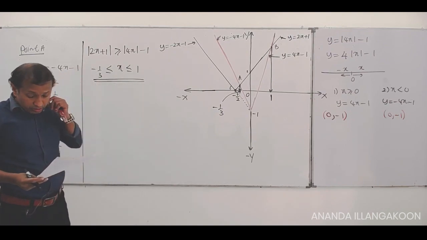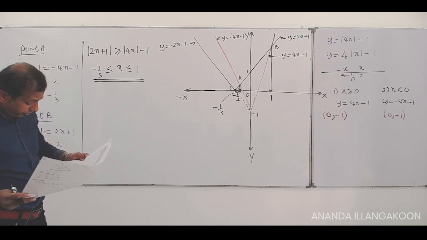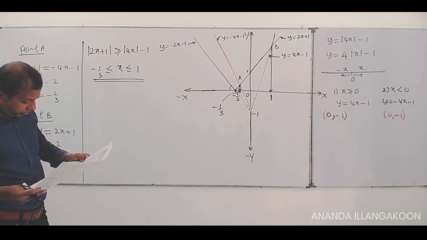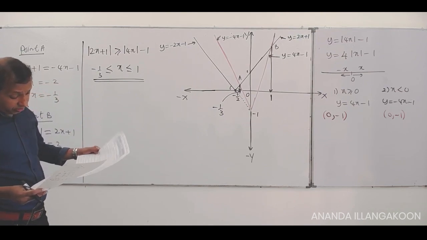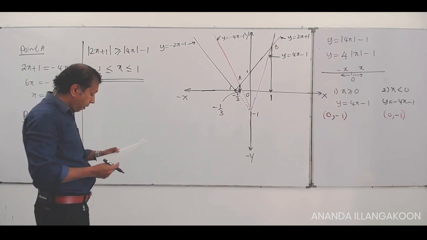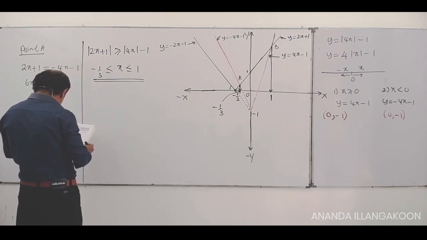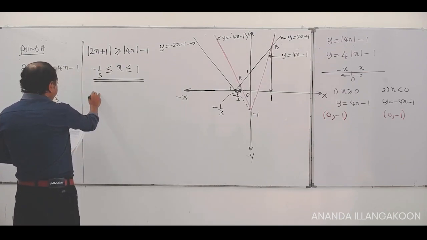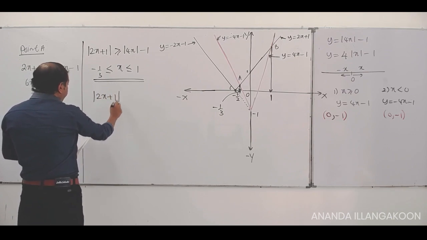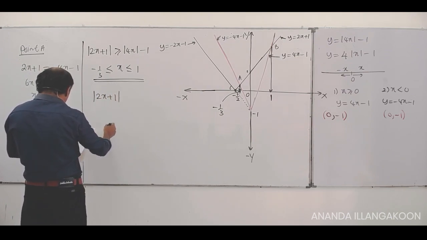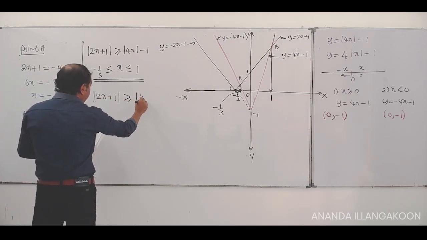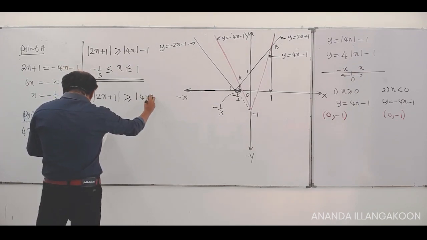Secondly, it asks: hence deduce the range of x satisfying this inequality. Hence means using this answer. So we need to take this answer. Mod 2x plus 1 greater than or equal to mod 4x minus 1, oh no, 2 mod x plus 1 greater than or equal to mod 4x minus 1.